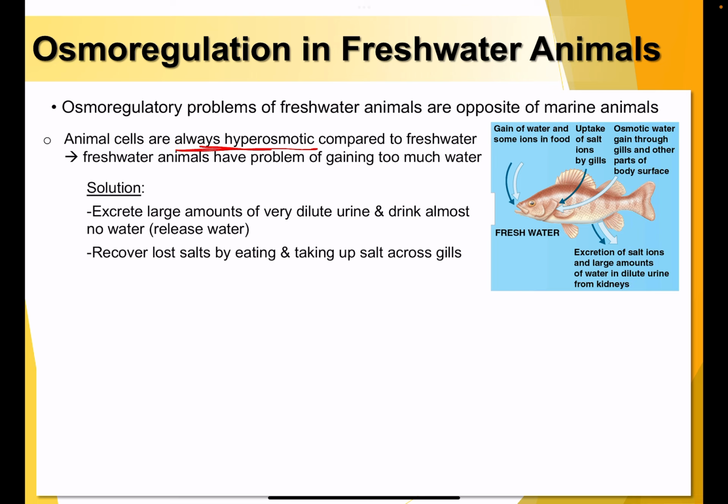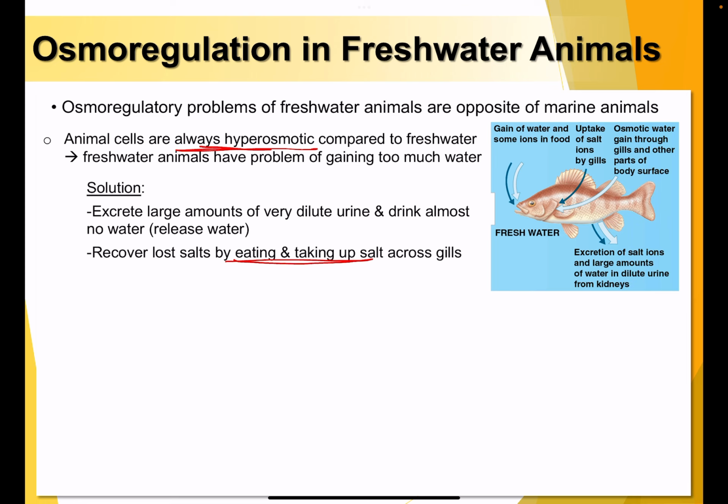So to recover the ions and salts being diluted by all that water, they take up salt across their gills when they are doing gas exchange with the water environment. They try to capture all the salt in their gills so that they are constantly replenishing their body with a little bit of salt as they're being diluted by the water around them.